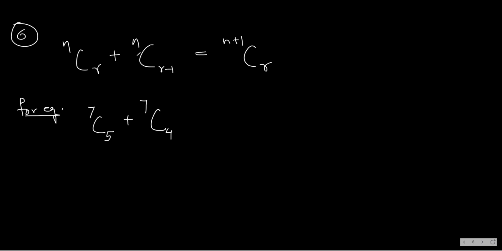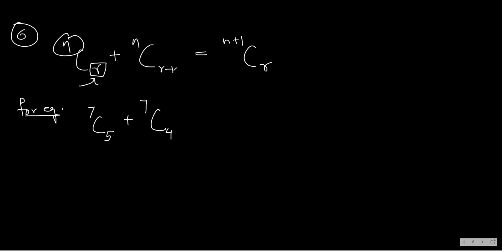See, nCr, nC(r minus 1). So the number of objects given is the same, 7 and 7. But in one of these, you are selecting r objects from n.